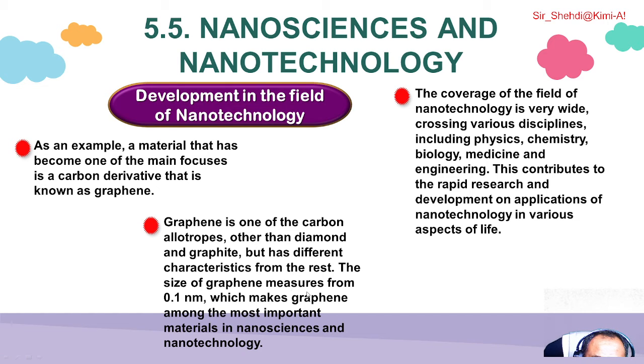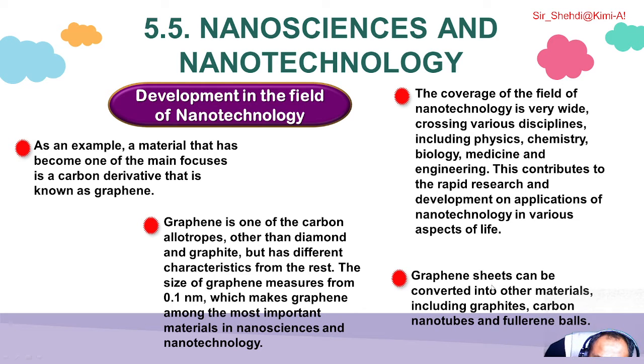The size is measured from 0.1 nanometer. This makes graphene among the most important materials in nanoscience and nanotech. So this is the new term in your life, graphene. The total carbon allotropes are diamond, graphene and graphite.